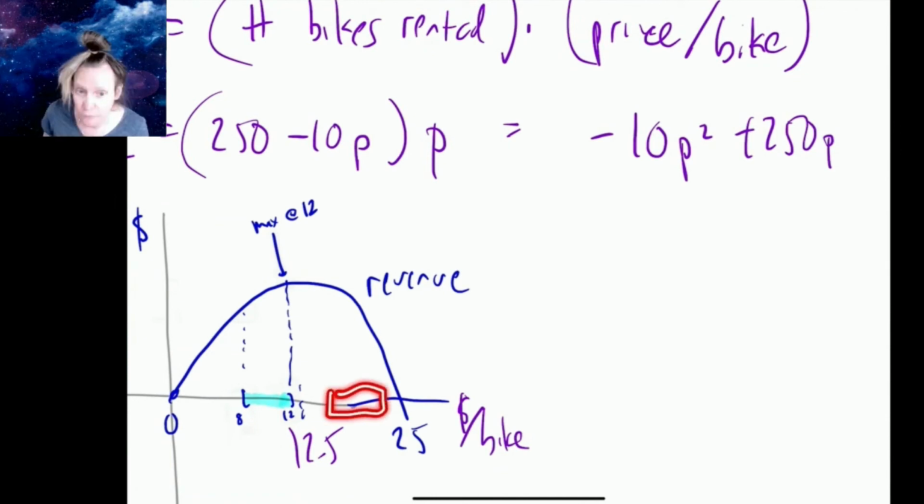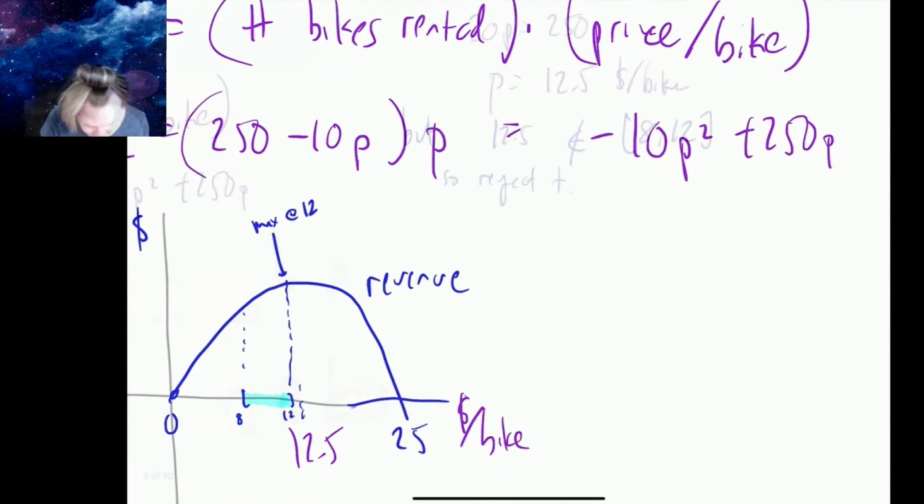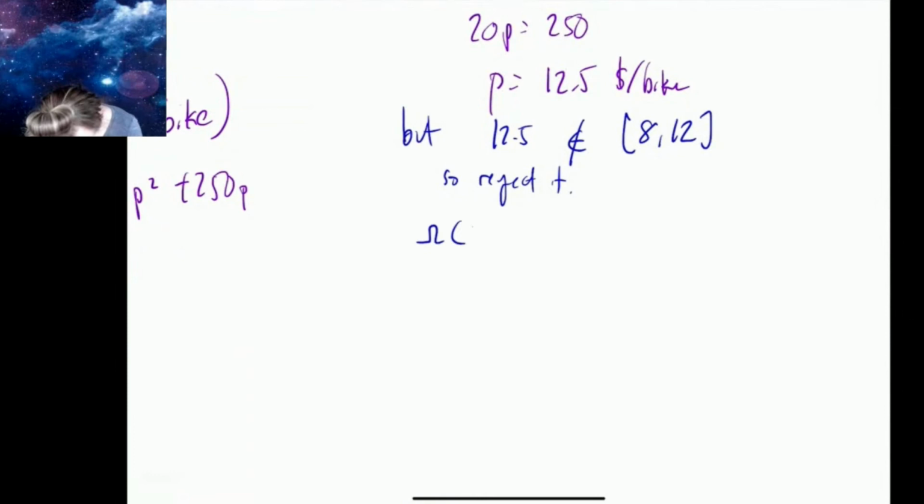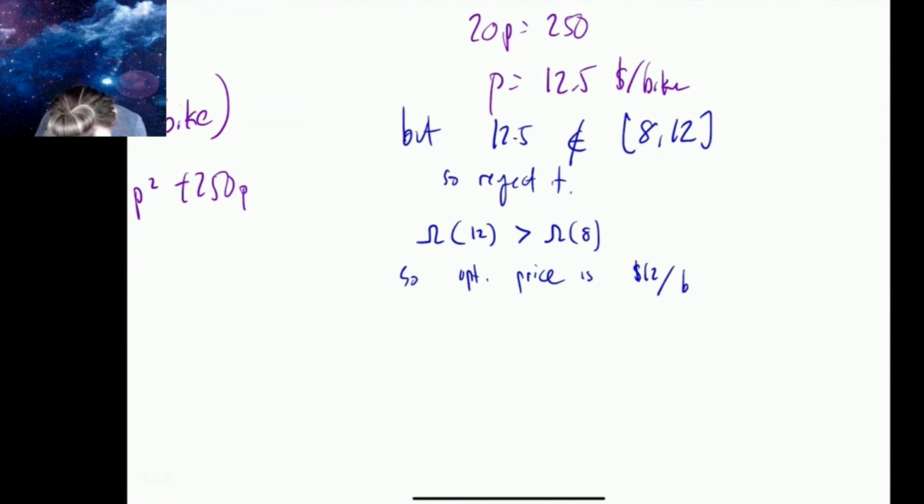Say we were considering like 14 to 20, the greater revenue would be at 14. So you can't just take the bigger number, because then you've driven demand down because the bikes were too expensive. The revenue, omega of 12, is bigger than omega of 8. So the optimum price is $12 per bike.